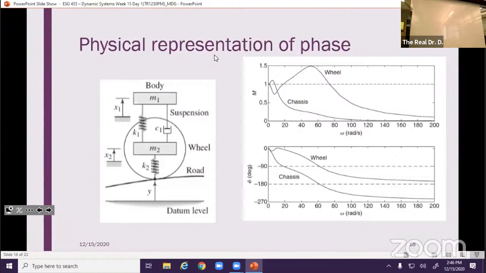At higher frequency, you will continue to be 90 degrees out of phase. So that means that a displacement applied to the wheel is going to feel like it's being applied 90 degrees to the car. So you're going to feel it later, number one, because there's lag there.